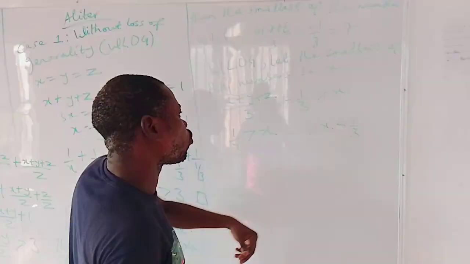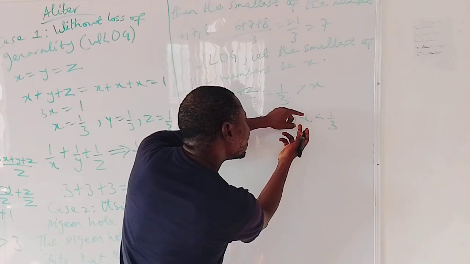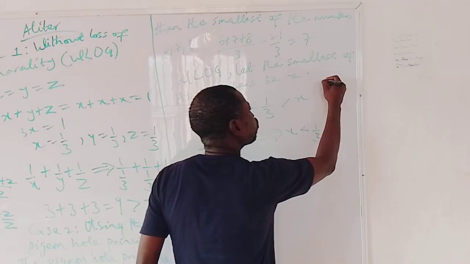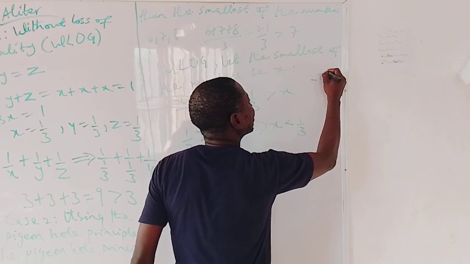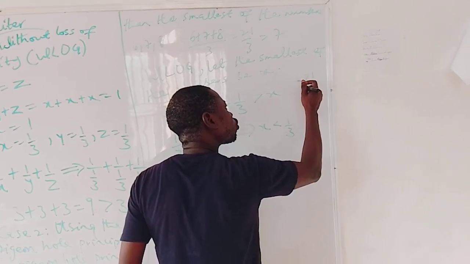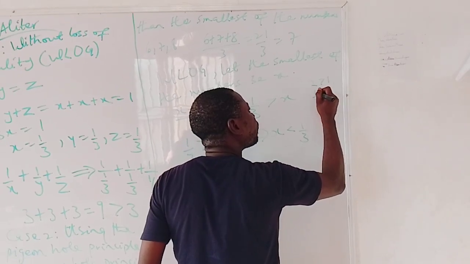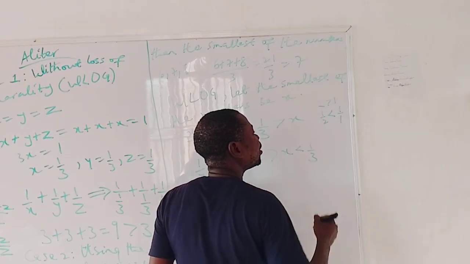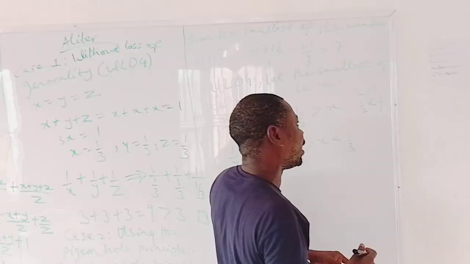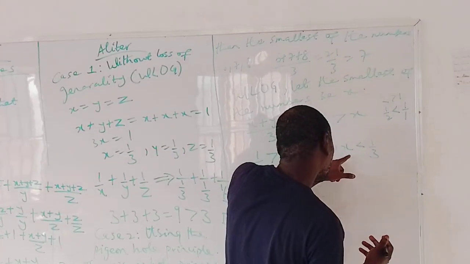Then from the rule of inequality, if I reciprocate, suppose you have 2 greater than 1. Then what does that mean? If I reciprocate, 1 over 2 will be obviously less than 1 over 1. So when you reciprocate a number, the inequality sign will change. That is the rule of inequality.